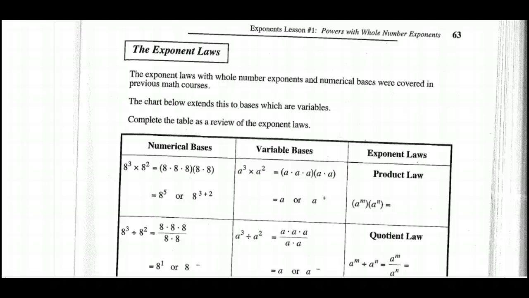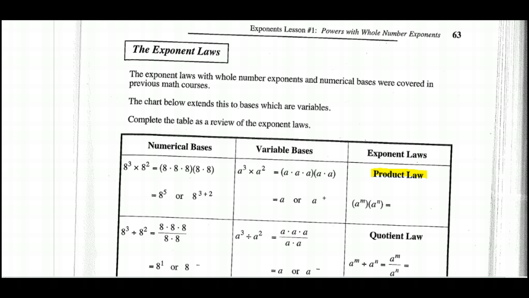So the first rule we're going to talk about is the product law, and the product obviously means multiplication. So what's happening when we're multiplying two powers? The first and most important thing is that our base has to be the same.